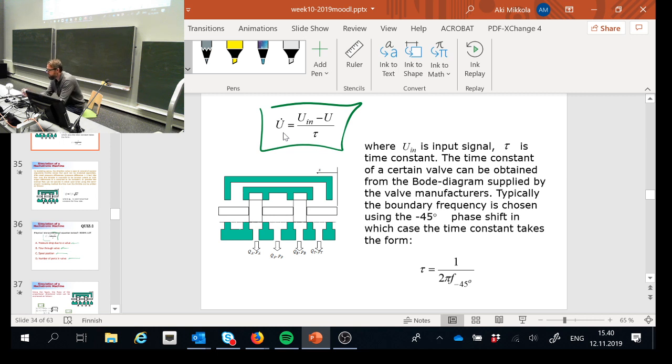And this we can get from the manufacturer's catalog, because manufacturers' catalogs provide something called a Bode diagram. The Bode diagram tells you quite a bit about the quality of your directional valve. And this is something where you're sending a signal to your directional valve, which is a sine signal, and you're changing the frequency of that signal.